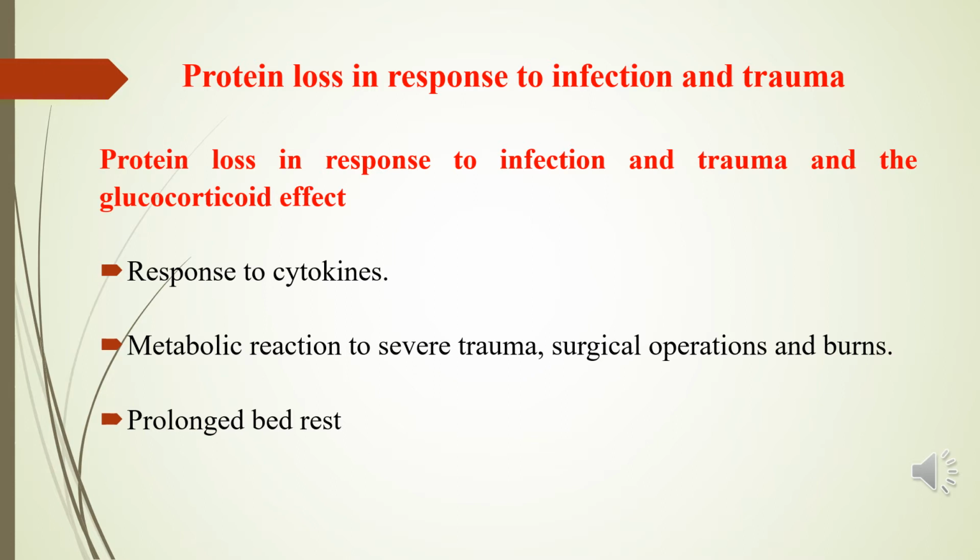So, as a metabolic reaction to serve trauma, surgical operations, and burns, there is an increase in catabolism of tissue proteins in response to glucocorticoid hormones produced during these periods and also during periods of stress, and excessive production of cytokines during inflammations.